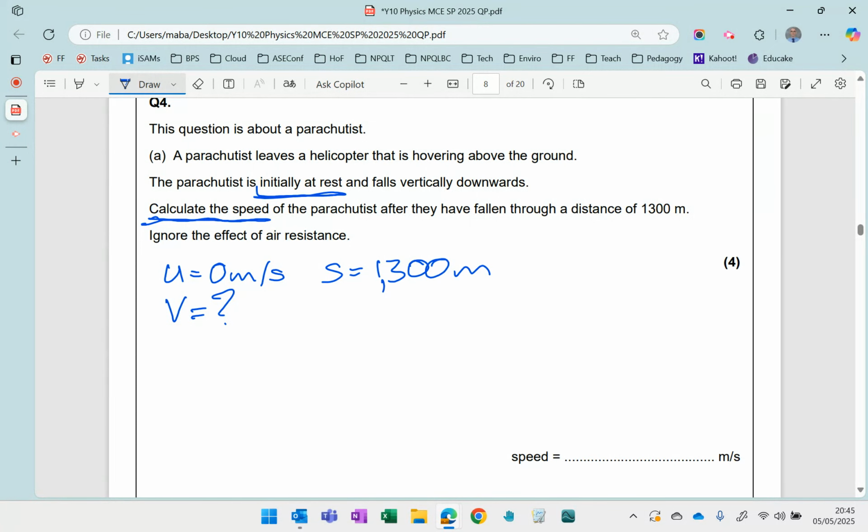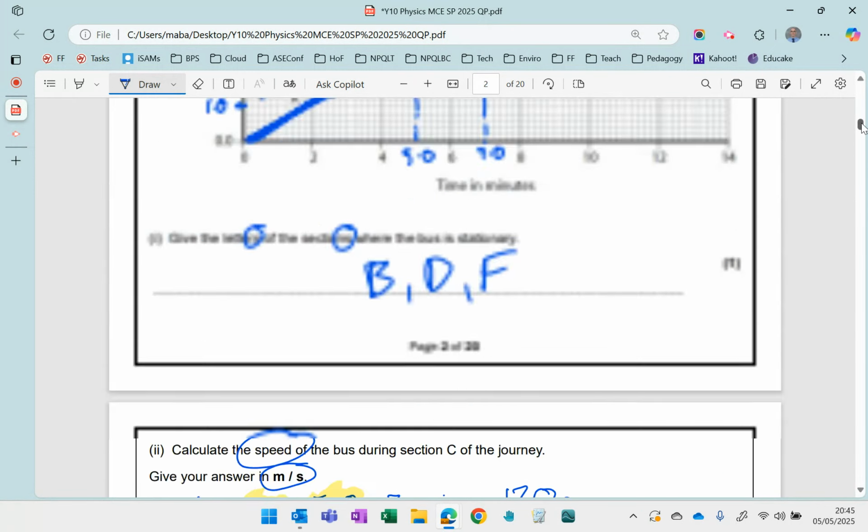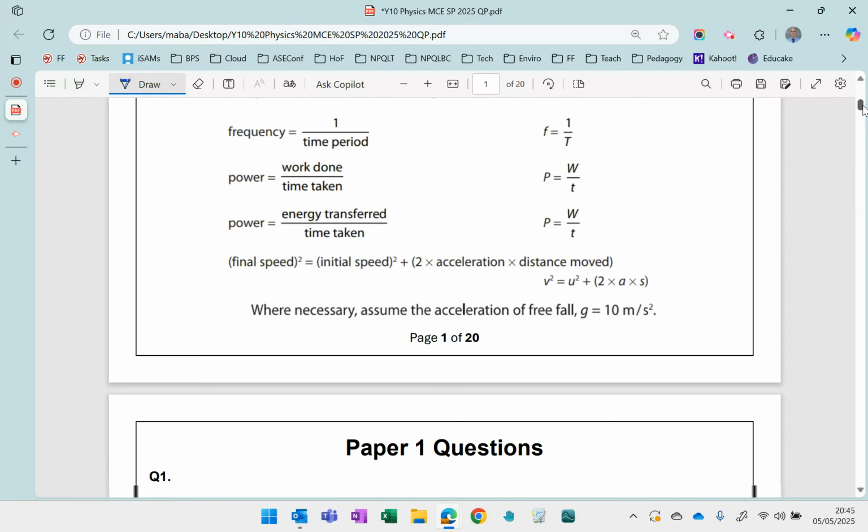Okay, and the final piece of information is that we can ignore the effects of air resistance. So that means that they're going to fall with acceleration due to free fall. And if you can't remember the right number for that, it's actually on the front of the paper.